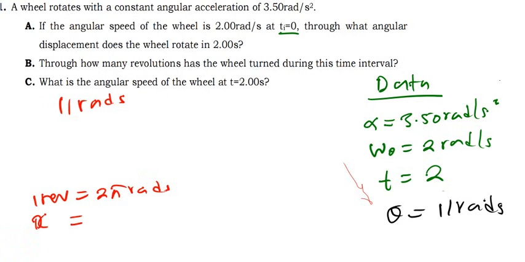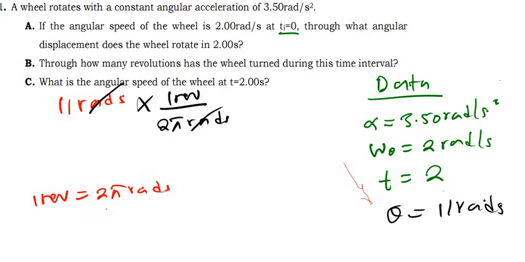You can cross multiply, but you guys know dimensional analysis, so I'm going to use dimensions instead. The cross multiplication is just for someone who is in grade 8. So with 11 rad, I'm going to set the unit in such a way that they cancel each other. In 2 pi rad there is one revolution, so rad and rad will go. So it will be 11 divided by 2 pi. Then that is now my revolution.